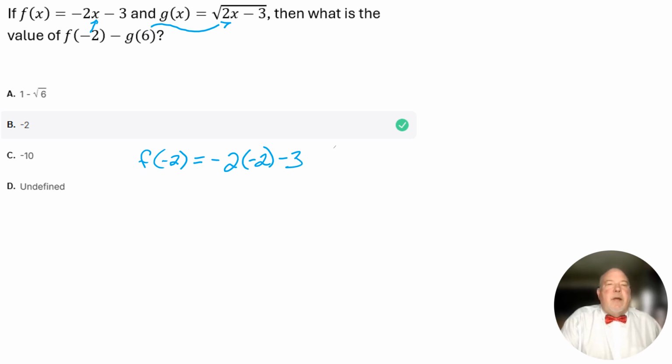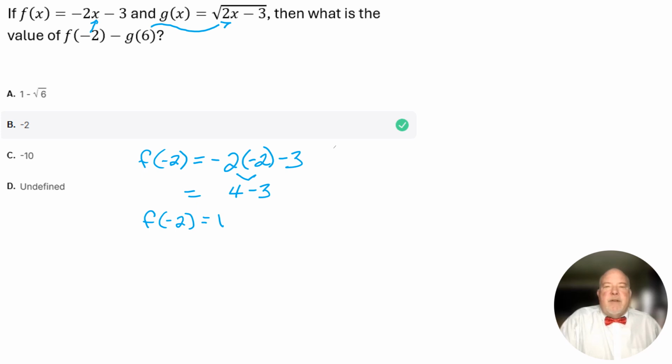Let's simplify this following order of operations, PEMDAS or GEMDAS, or however you were taught it. Multiplication comes before subtraction, so I'm going to multiply these together. That gives me 4 minus 3, and so f of -2 is equal to 1.